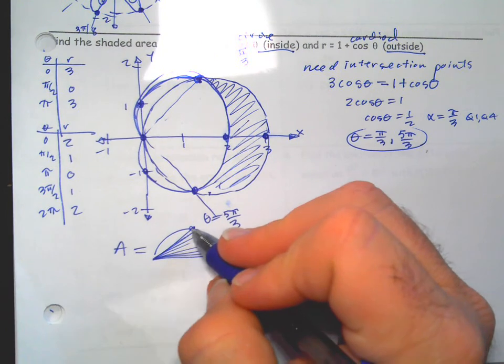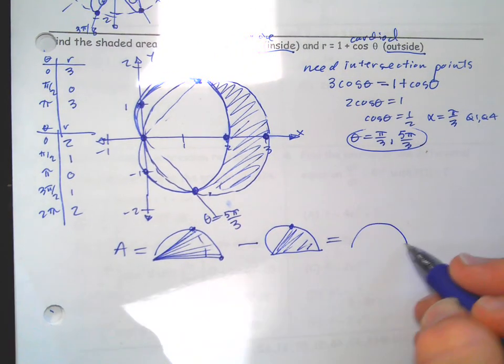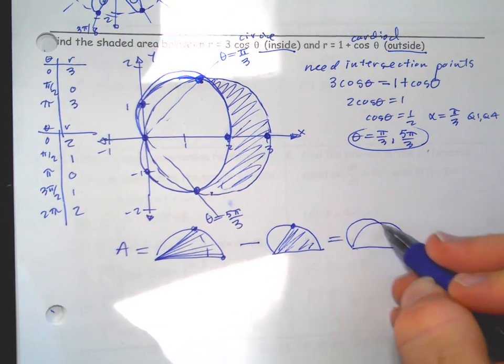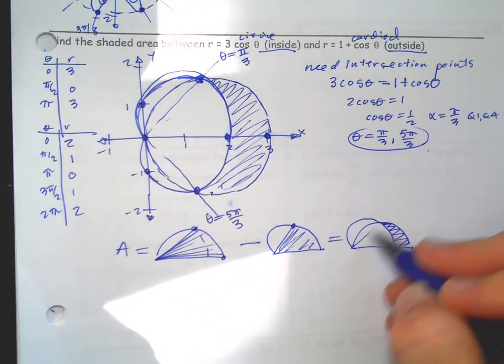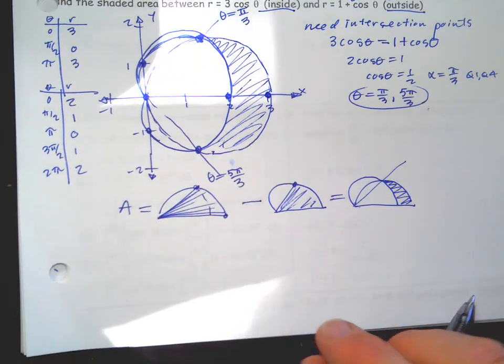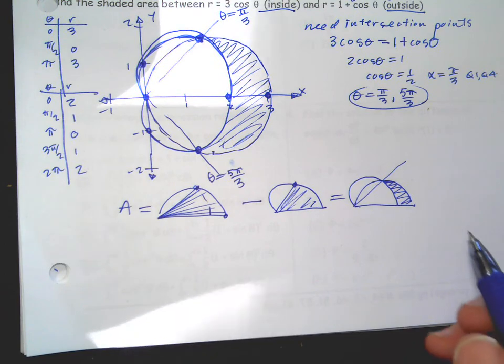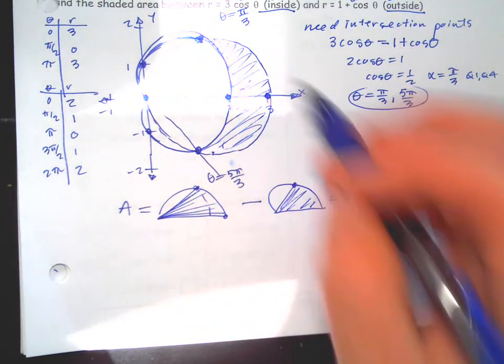So here's the circle, here's the cardioid. What that's going to give you is this area right here. And then we'll double it. So we're finding the bigger area and then subtracting the smaller area to get this difference in here.